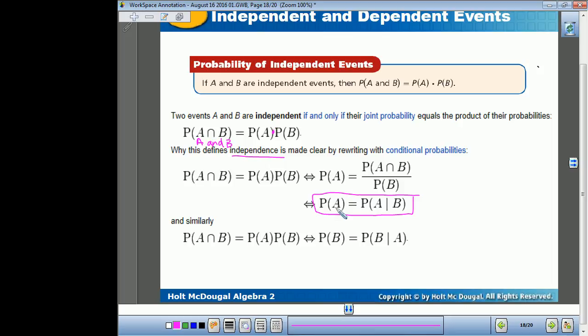The probability of A is going to equal the probability of A given B happened. That's an equivalent statement. Or the probability of B is equal to the probability of B given A. When they are independent, these things must be true. So this is one way to prove it. This is another way to prove it.